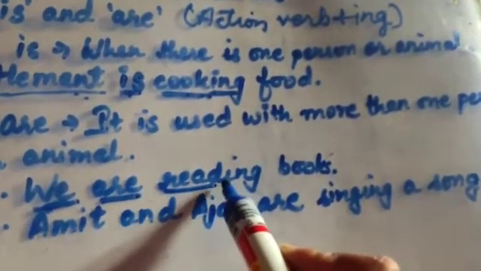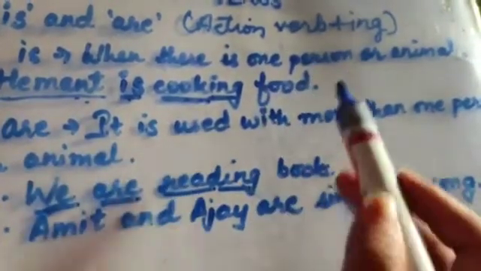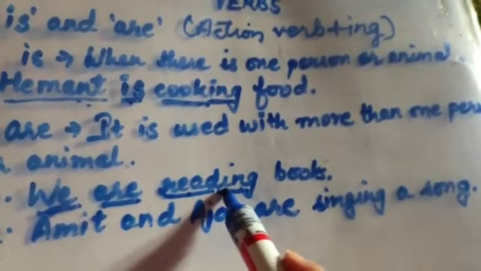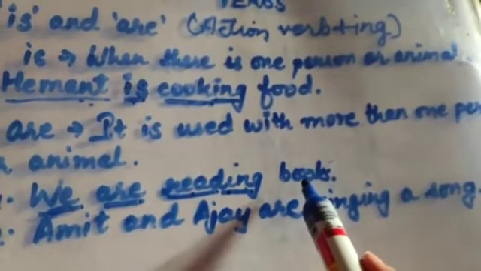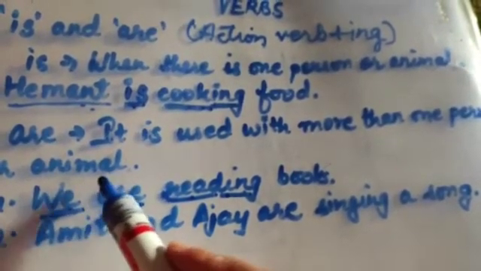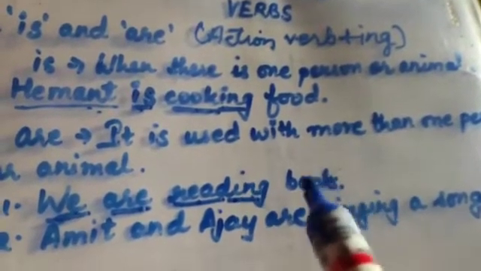Read. And what have I added with it? ing. Okay, action verb plus ing. Read is your action verb. You are doing an action, and I have added ing with it. Okay, so we are reading books. So are is used, that means there is more than one person, and this action is also happening right now.